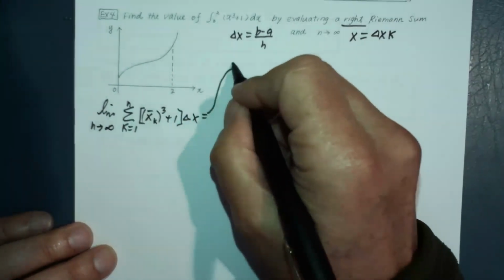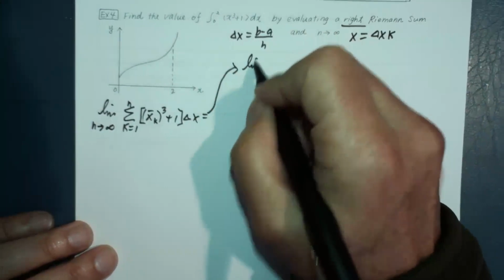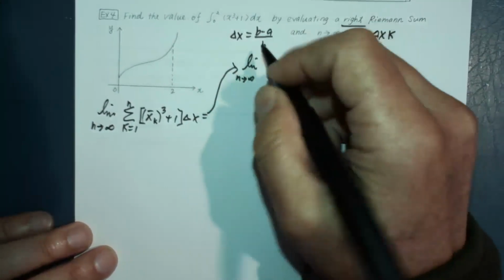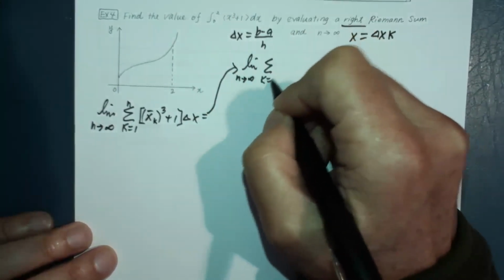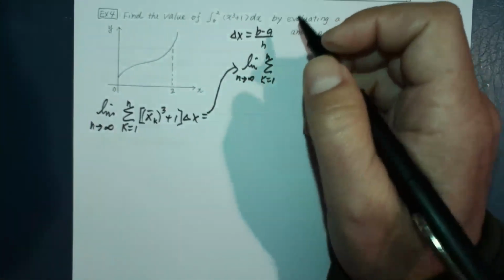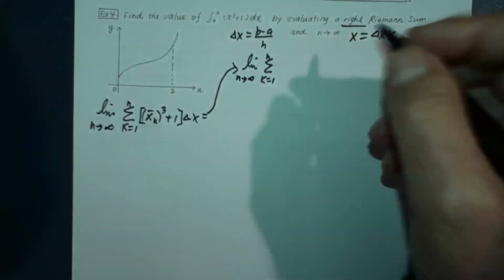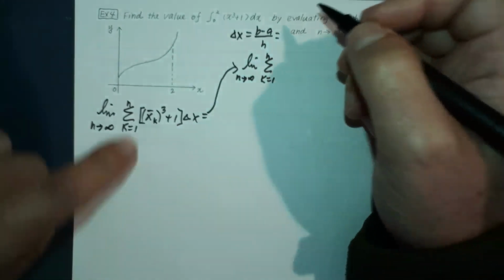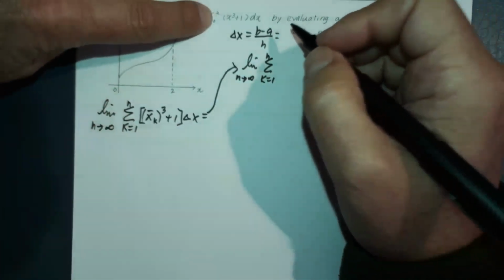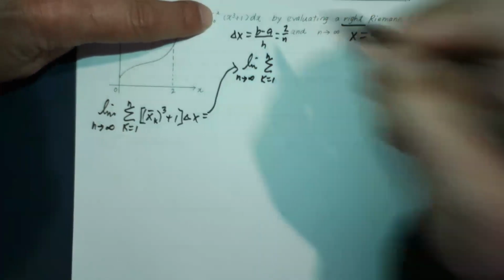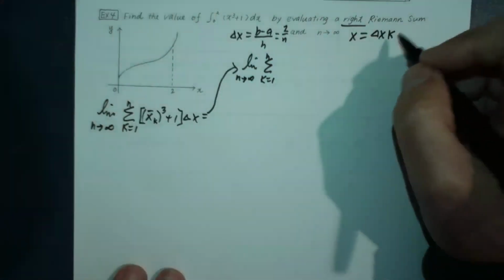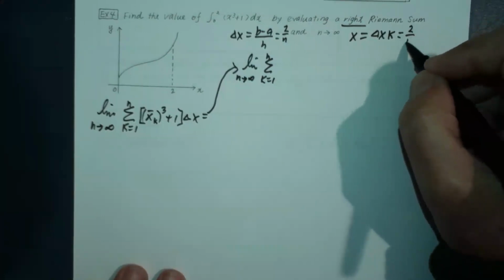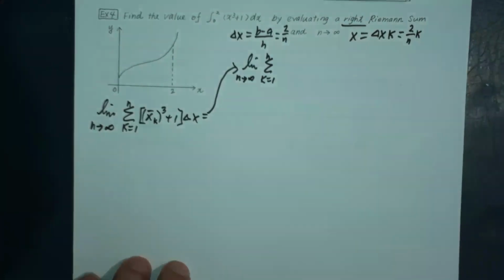Let's actually go up here for a little more space. Limit, and I'm going to go ahead and find my delta x. That's going to be 2 minus 0 over n, so that's going to be 2 over n. So what we have here is 2 over n times k.